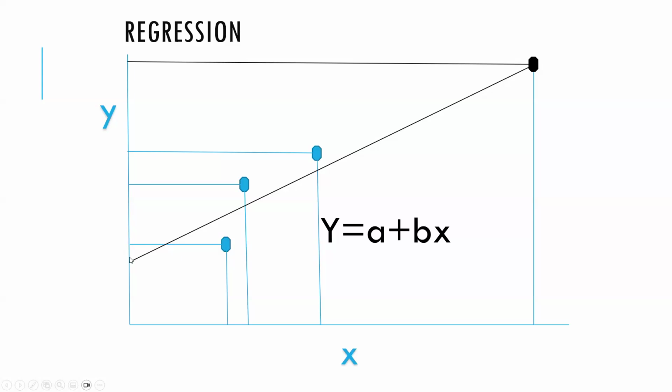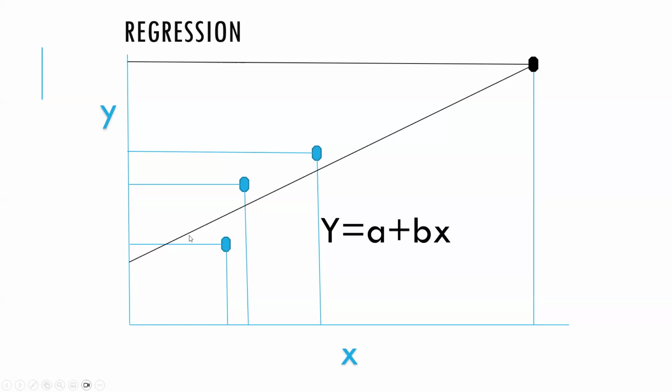This is literally that y-intercept. B is the slope of the line, and x is the independent variable. B could be a positive number, it also could be a negative number. What you're trying to do here is, if you know x, can you predict y? That's the whole purpose here.